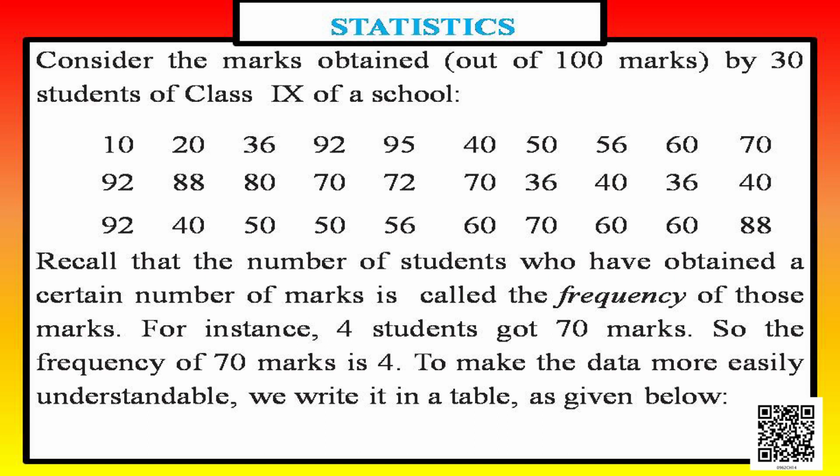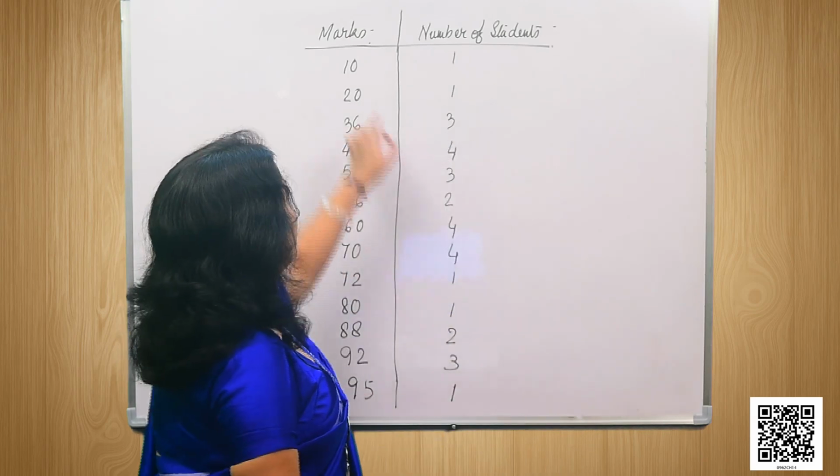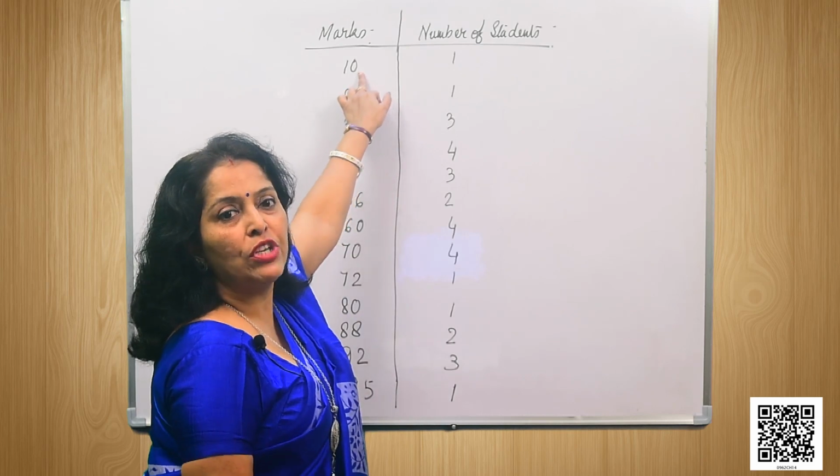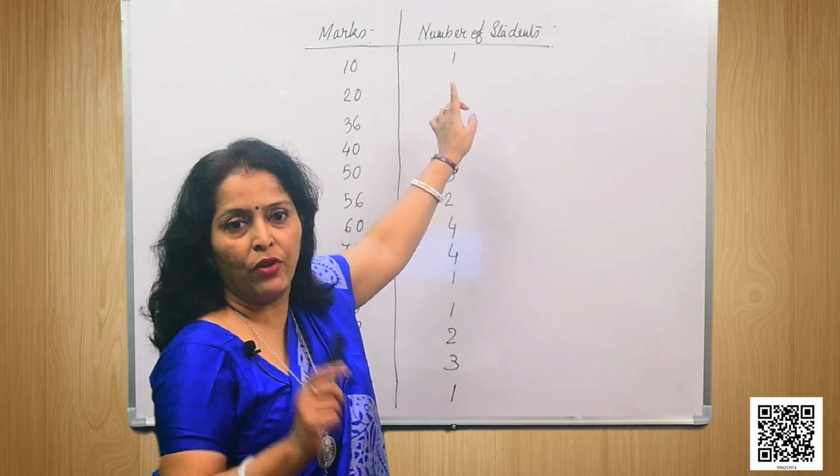For that, this group data I will be writing in tabular form on the board. Now look at the table that I have made from that example. See the marks 10, which was achieved by only one student of the class, so I have written 1 for that.